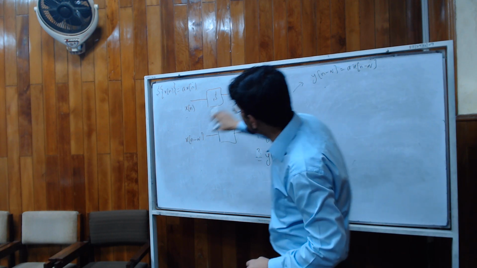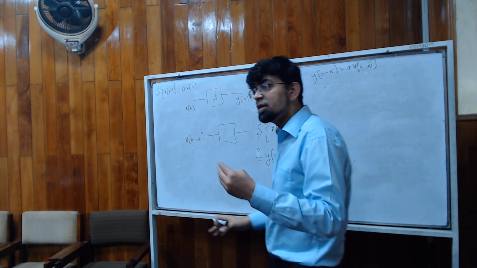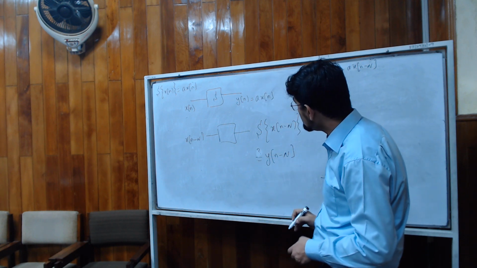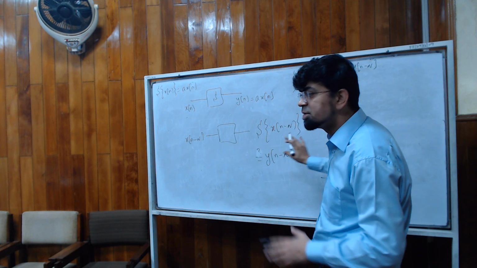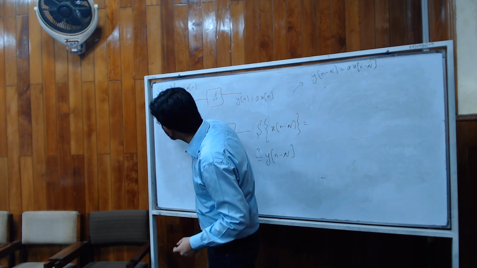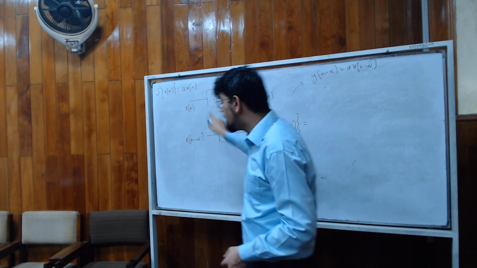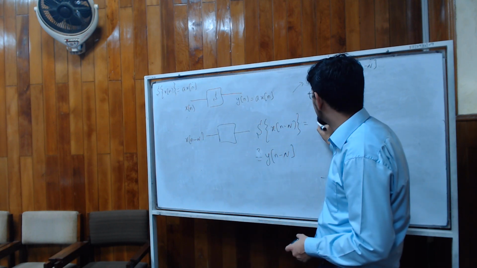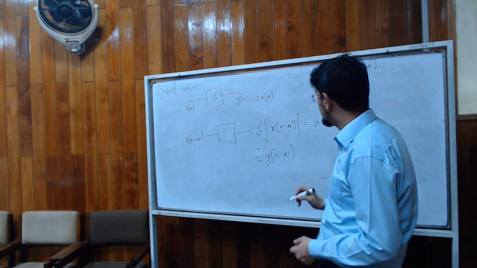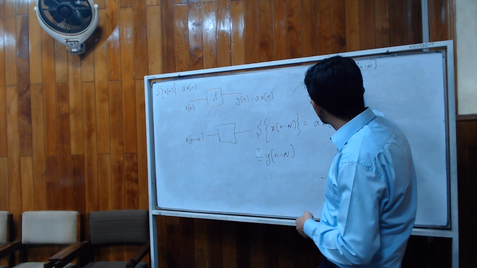Now you go here and delay the input by the same amount. Now what output comes here? We are not comparing yet, it's a simple question. This is the system. If this system gets x[n minus n0] as input, what will its output be? A x[n minus n0]. That's it.